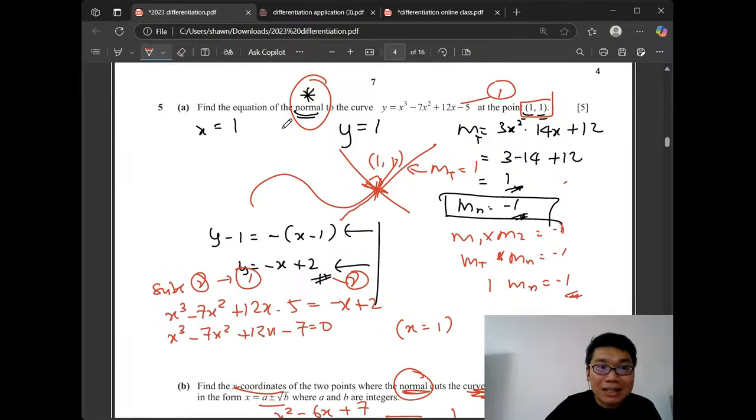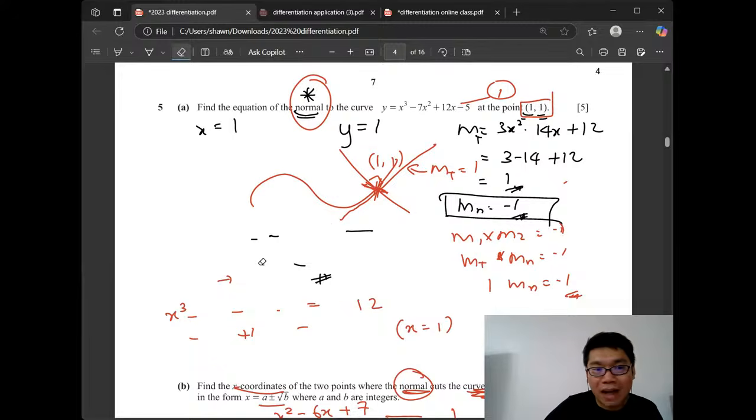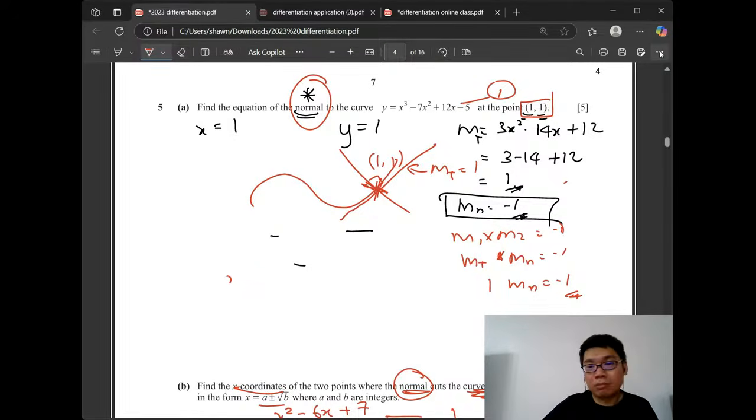But let's see, I amend this question a bit and test you on how to find the area of a triangle, because usually after this they might ask you to find the length of two points, or ask you to find the midpoint of something. That's why they are also possible to ask you to find the area of a triangle.